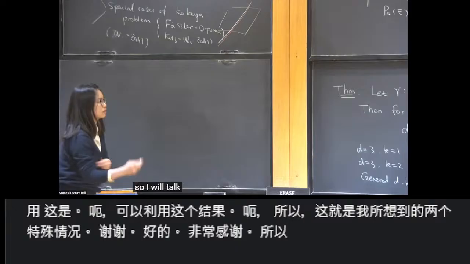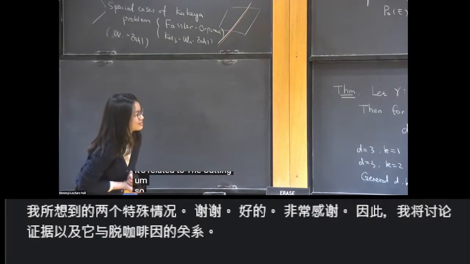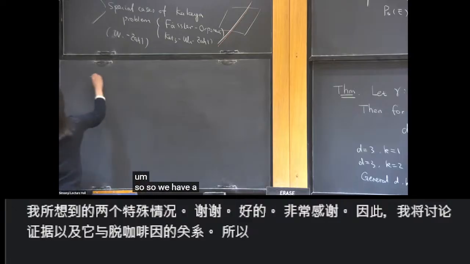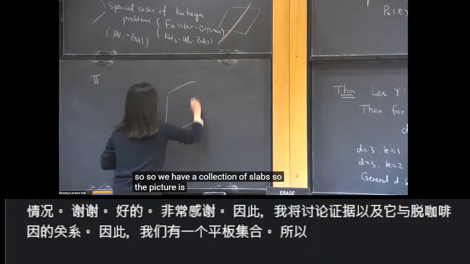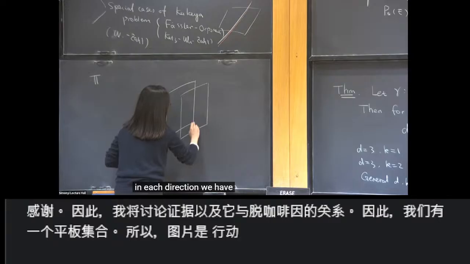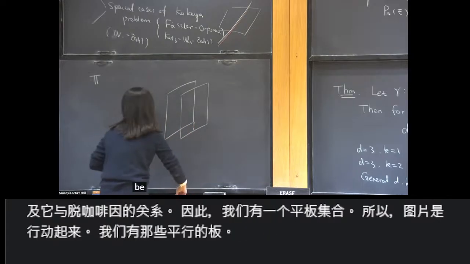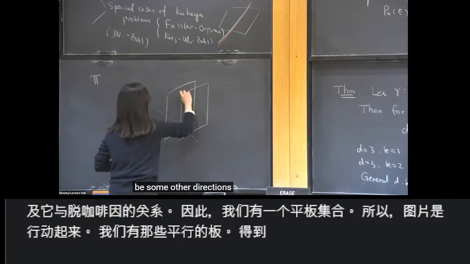So I will talk about the proof and how it's related to decoupling. So we have a collection of slabs. So the picture is, in each direction we have those parallel slabs, and then in some other directions.